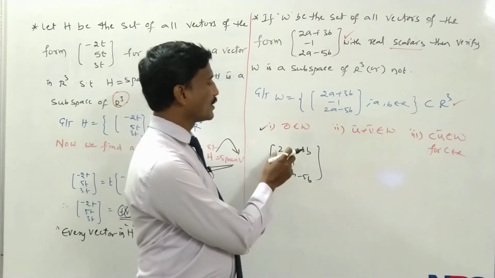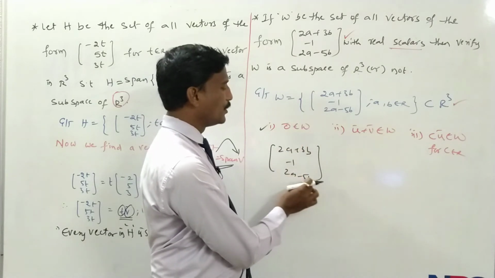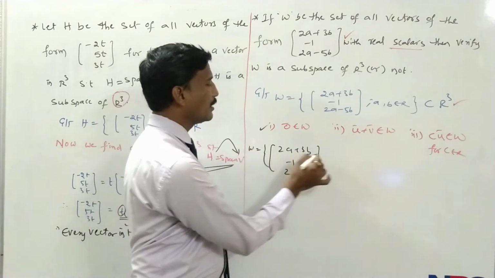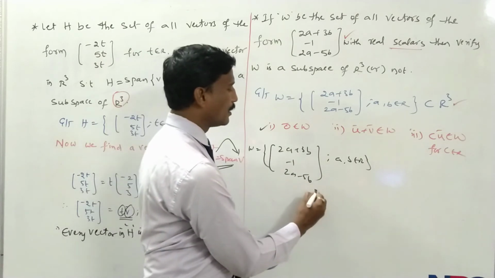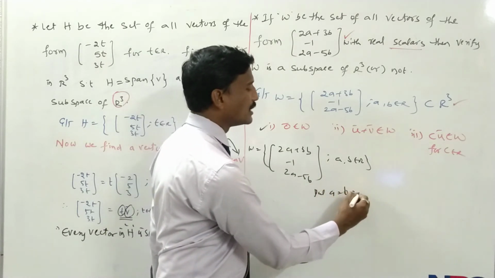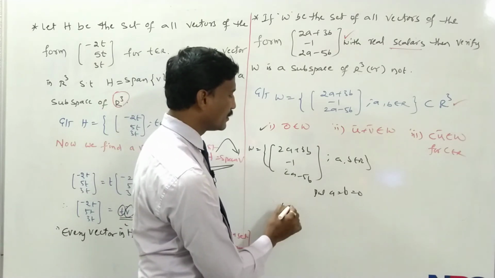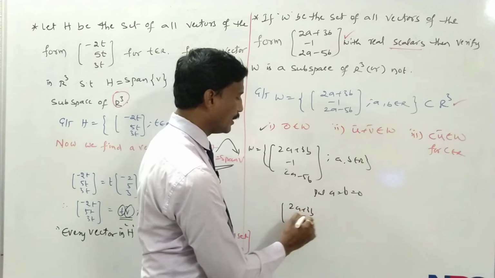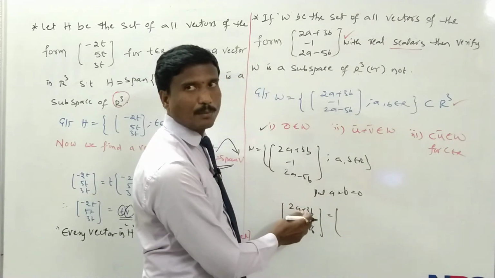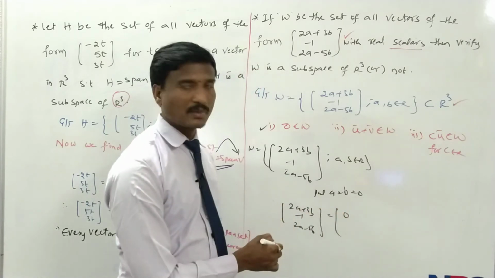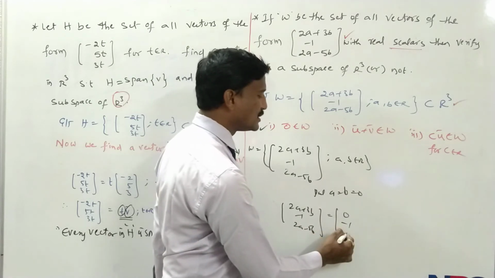Suppose I put a equals 0, b equals 0 in the above set W. Then what do we get? 2a plus 3b becomes 0 plus 0, which is 0. Next is -1, and 2a minus 5b with a equals 0, b equals 0 is 0.